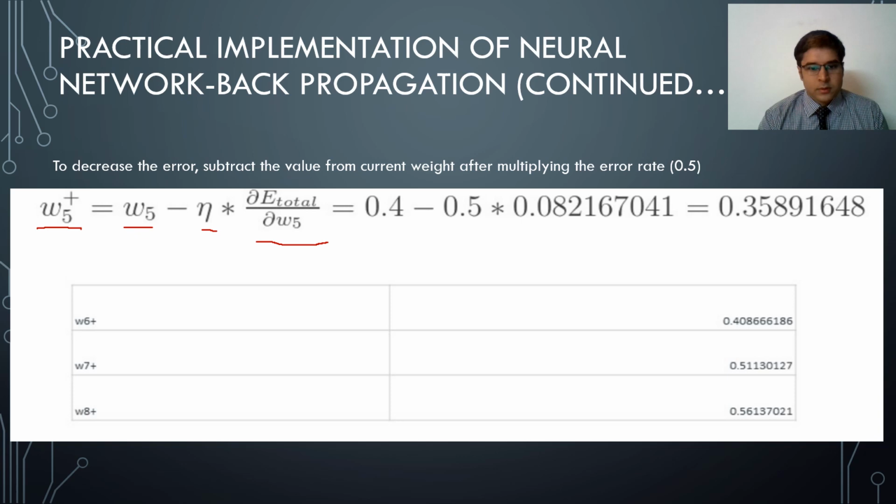W5 originally was 0.4 and eta, the error rate, is taken to be 0.5. This is multiplied with the value calculated before for this weight, and its final value is this. So this is how weights are updated when a neural network functions. Similarly, we calculate the updated values for the other weights.